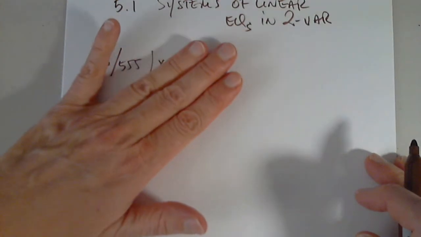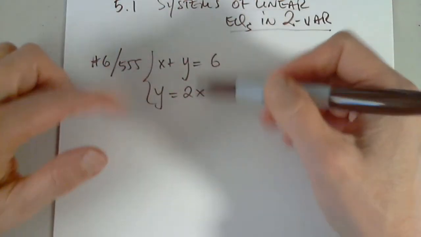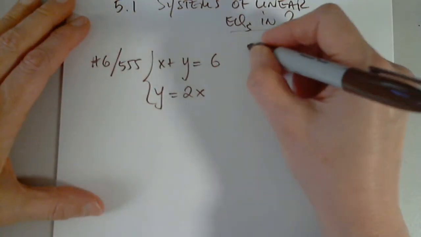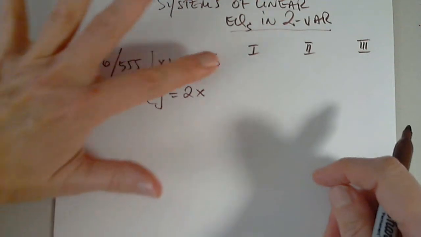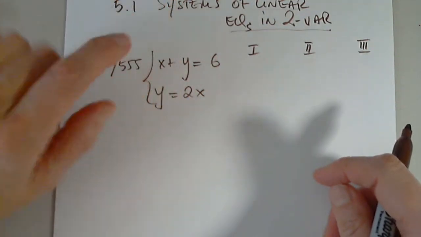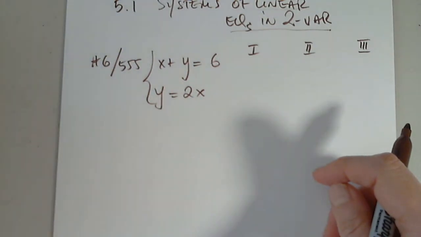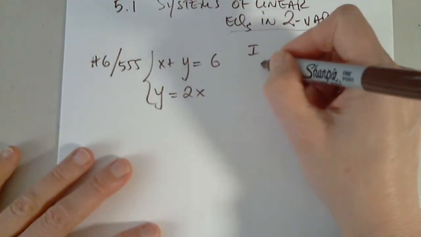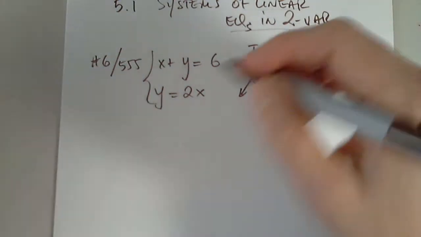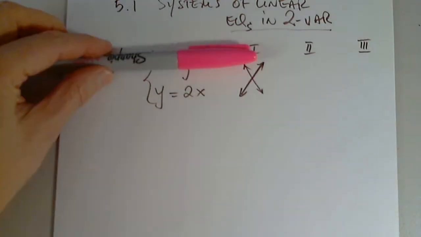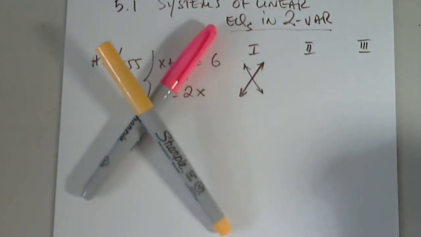So before we even look at a system of two linear equations in two variables like this one, we have to remember that there are three possibilities. This is a line and this is a line. What is the first possibility? The first possibility is that the two lines intersect somewhere.